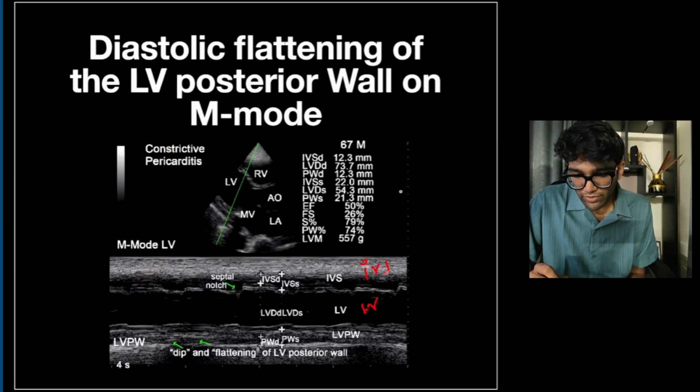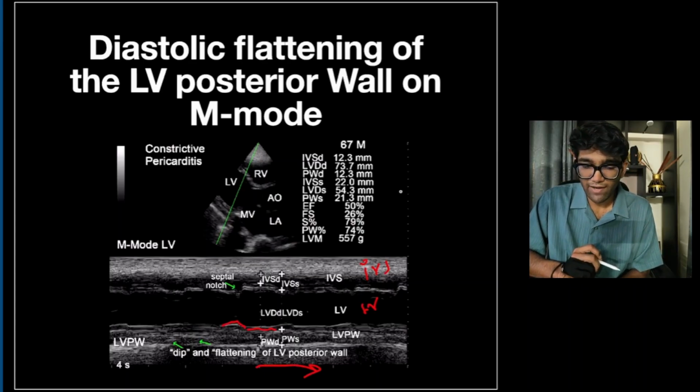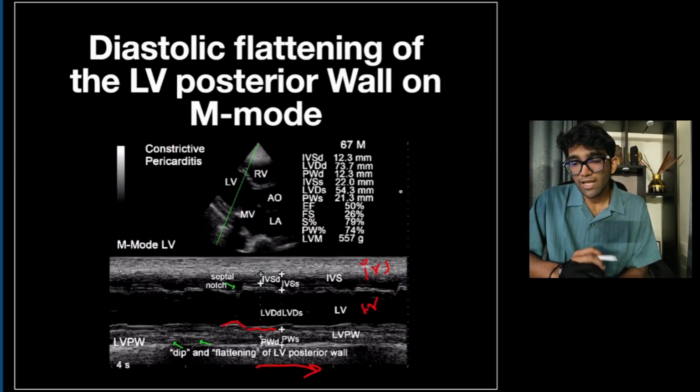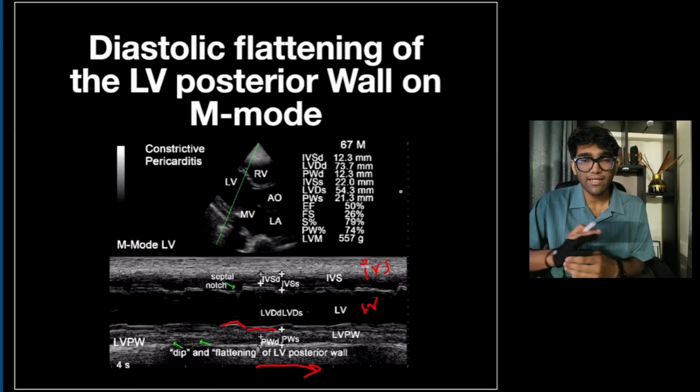Now we are going along as time goes by, and what we end up finding is the left ventricular wall during systole, and then during diastole there is usually a complete flattening of the left ventricular posterior wall, again highly suggestive of constrictive pericarditis, because this kind of isolated ventricular flattening would not occur in restrictive cardiomyopathy.